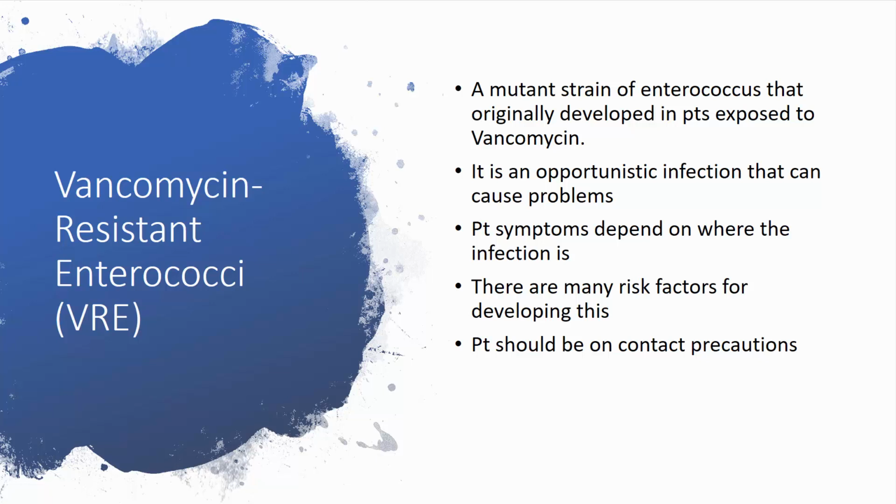So typically what you'll see are GI symptoms. They will start showing symptoms of a UTI. They can develop skin lesions, and they'll also start developing a fever and chills. So those are some of your signs and symptoms you're going to see in someone who has VRE.